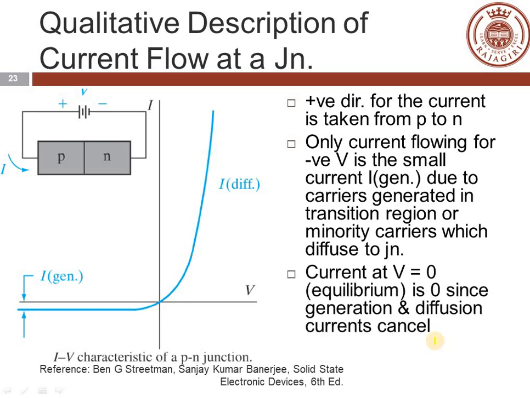So the current at V equal to 0, or equilibrium, is 0 since generation and diffusion currents cancel. We can write total current I equal to I diffusion minus modulus of I generation, which is equal to 0 at equilibrium, that is at V equal to 0.